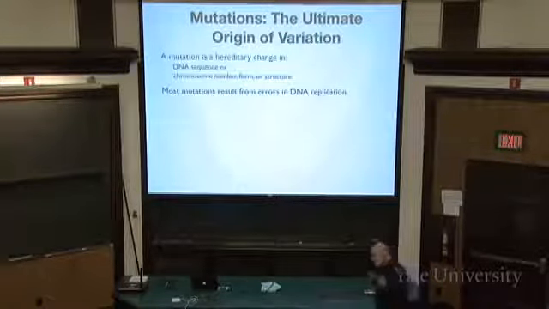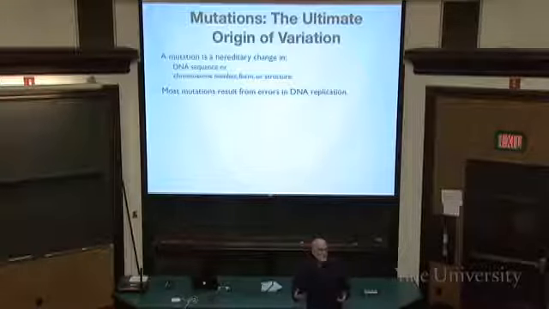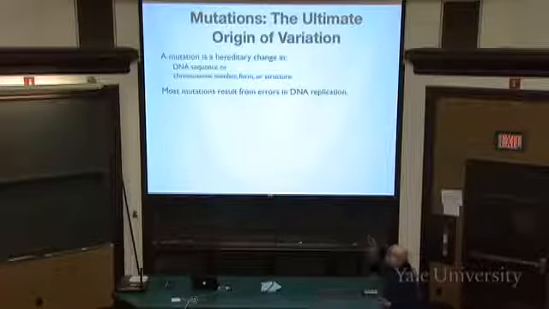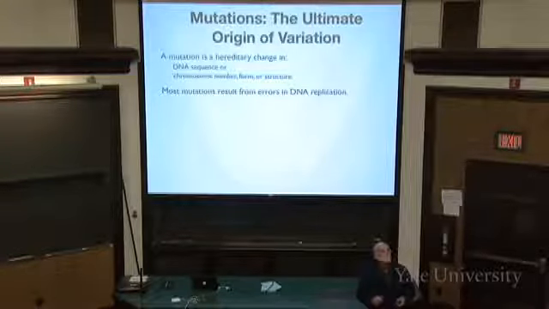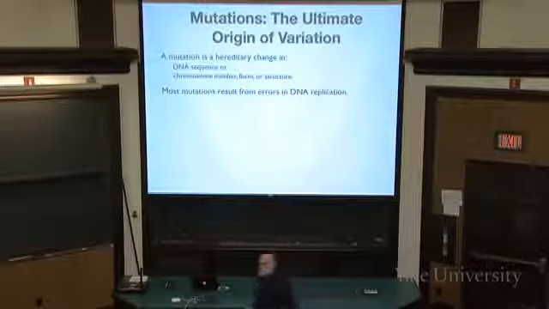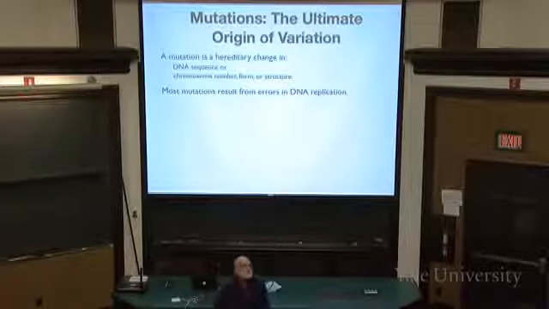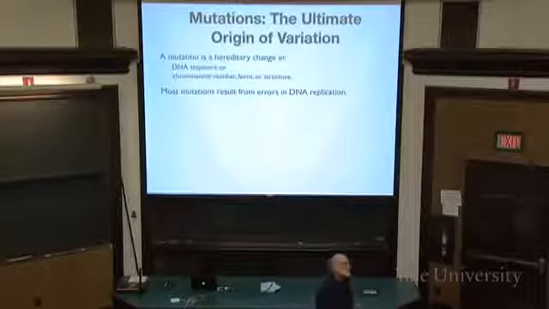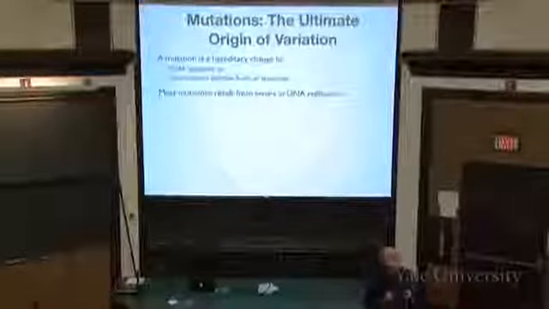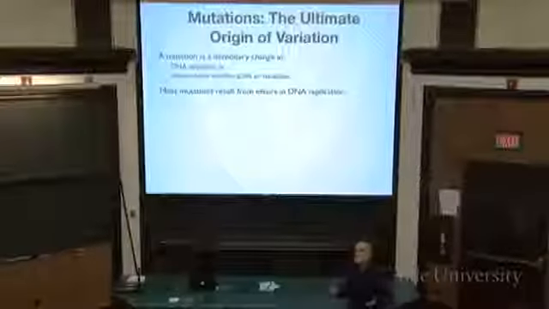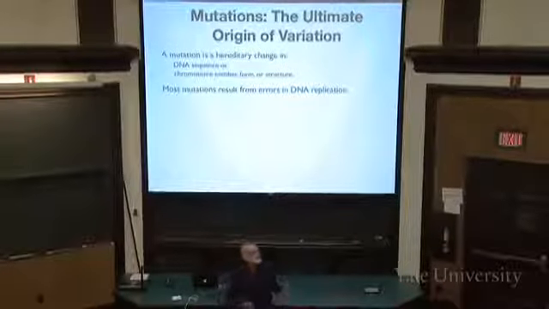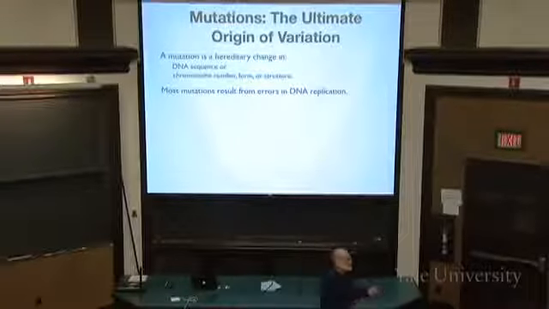Most of the mutations that occur naturally are mutations that are occurring during DNA replication. For those of you who are thinking of being doctors, this is important because the probability that a cancer will emerge in a tissue is directly proportional to the number of times cells divide in that tissue, which is why cancers of epithelial cells are much more common than cancers of cells that do not divide.